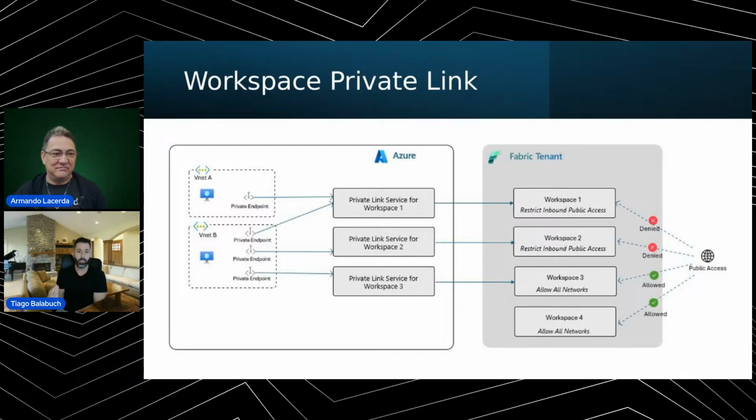We can say only this and that workspace is going to work with private links, so you can connect to this workspace if you are using this specific VNet. Or, for example, your services. Let's say you have a Snowflake, or a Teradata database, and then you have your VNet, and you want to connect this data to the Fabric workspace. This is what we call Workspace Private Link.